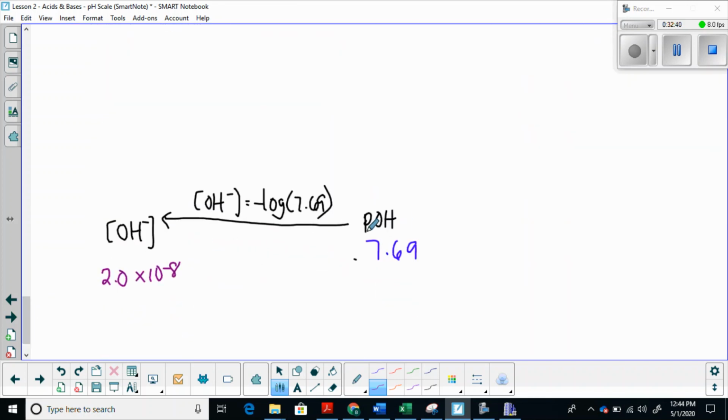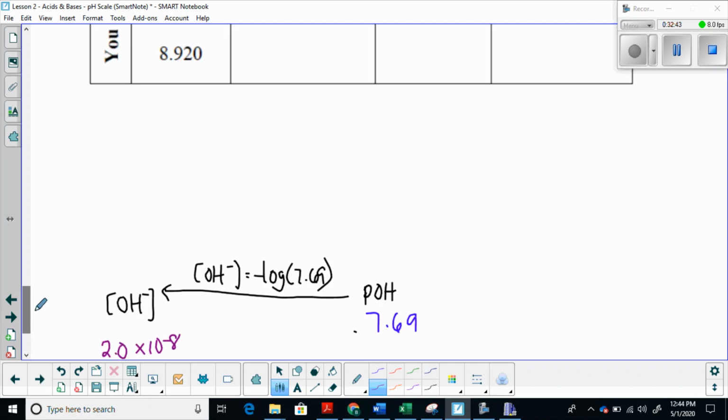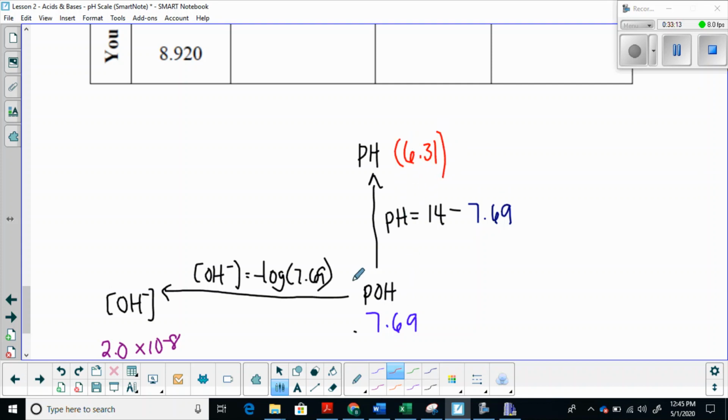So now from here I can go up and find pH. pH is equal to 14 minus 7.69, which will give me an answer of 6.31.